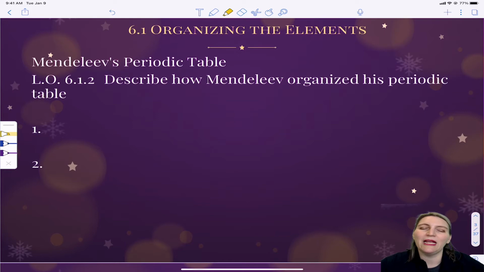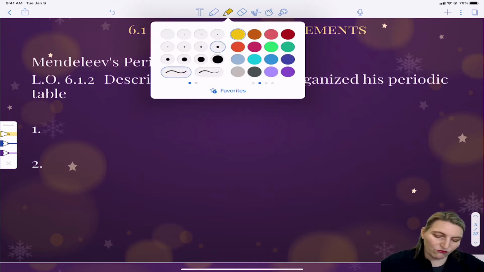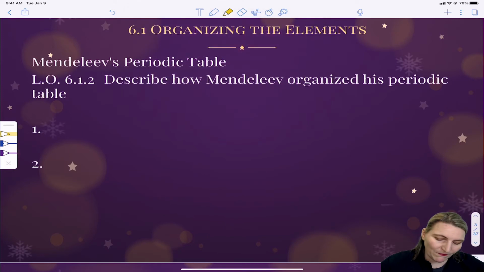But basically, he had figured out, or a group of scientists had figured out, how to accurately measure the average atomic mass of an element. And so when he started to arrange his periodic table, the first thing he did is he put elements in order of increasing average atomic mass.